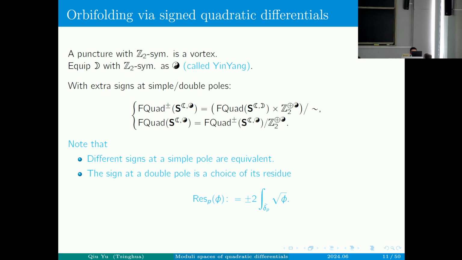So if you have a single pole, you lose this Z2 symmetry. Another way to say this is that when you add this partial compactification, so you add some extra strata, you want to do some Z2 orbifolding. Again, this seems a little bit weird, but later I will tell you why we want to do that.